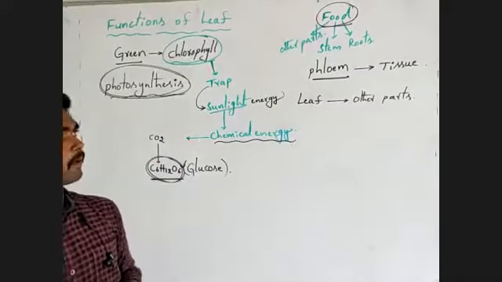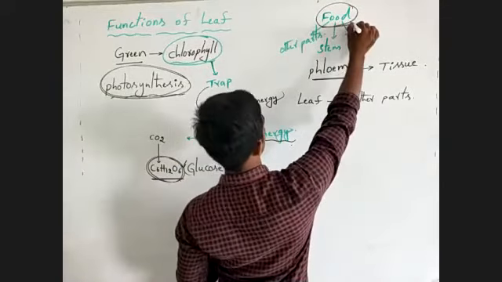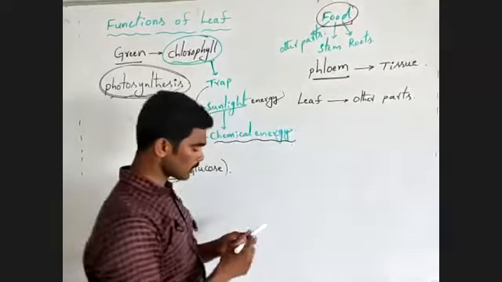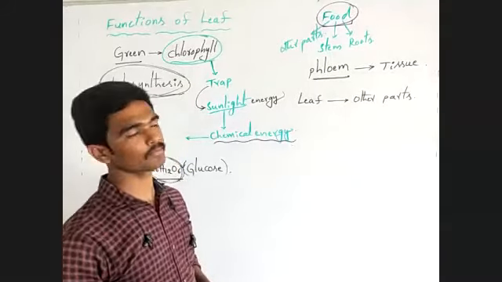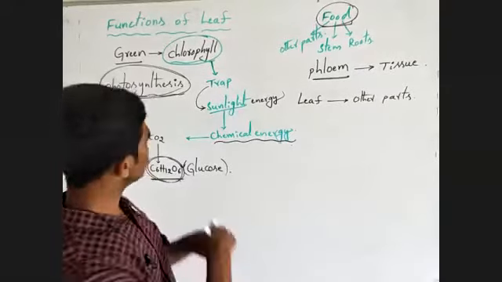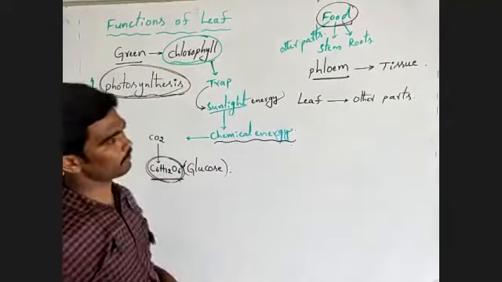Understanding? Then ultimately food reaches all parts and it gives energy to living organisms. Okay, this is the first function of the leaf.